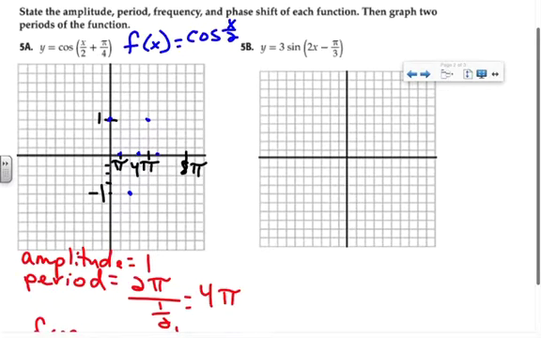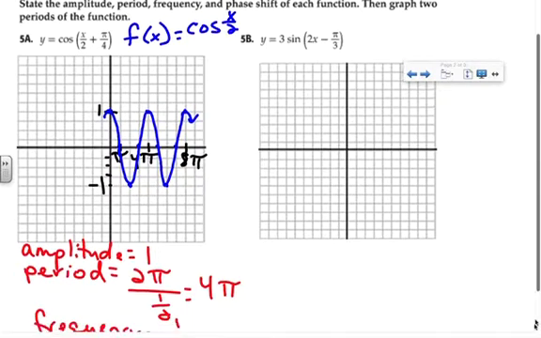So goes down and then back up. It's curving back down. Okay, so there's my f of x, the cosine of x over 2.